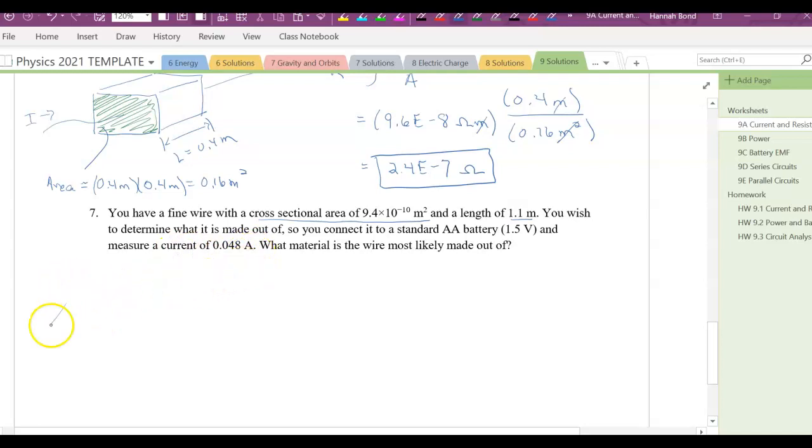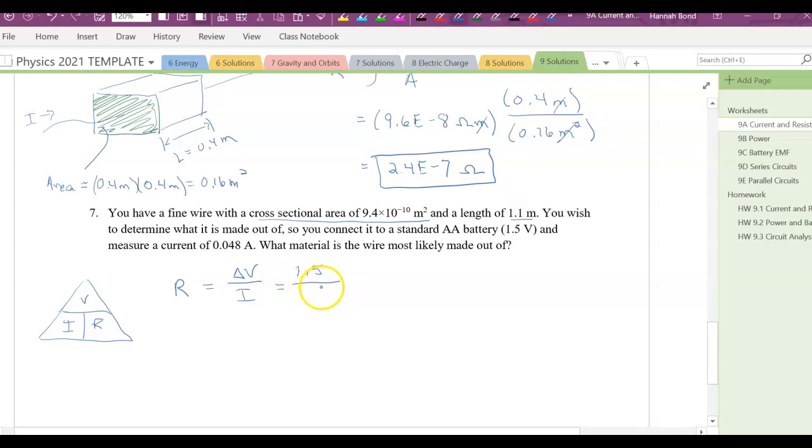Okay, so here I'm going to need to think about Ohm's law again. So I know the voltage and the current. I'm trying to find the resistance of this wire. It would be the delta V divided by the current. Okay, so the delta V is the 1.5 volts.